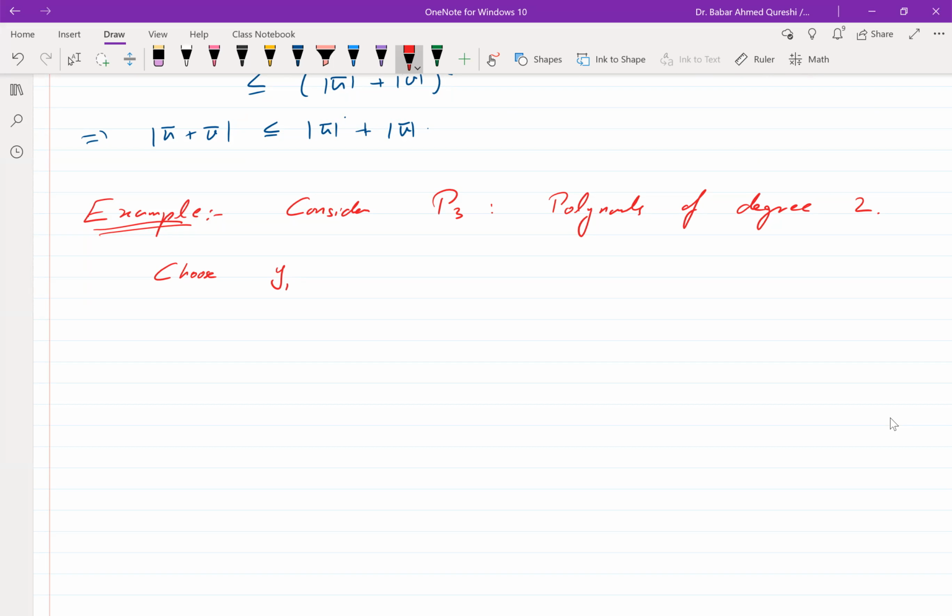There can be many scalar products on a vector space. So I choose these numbers to define the scalar product between two vectors, which will be just two polynomials. Let me write them as polynomials.